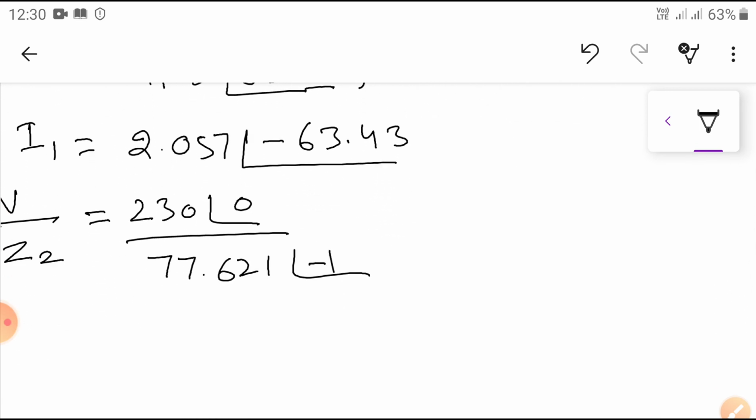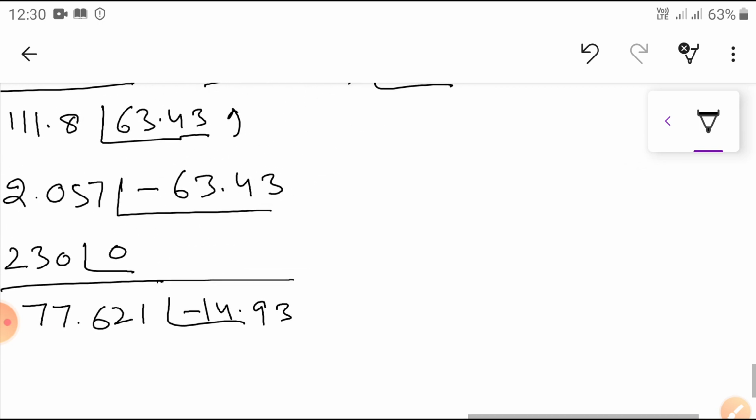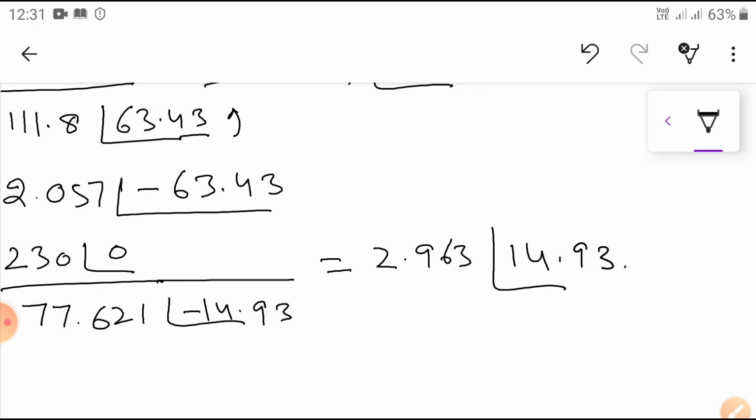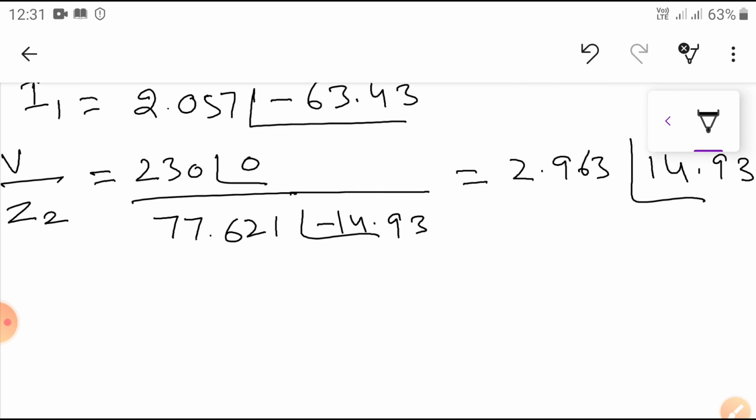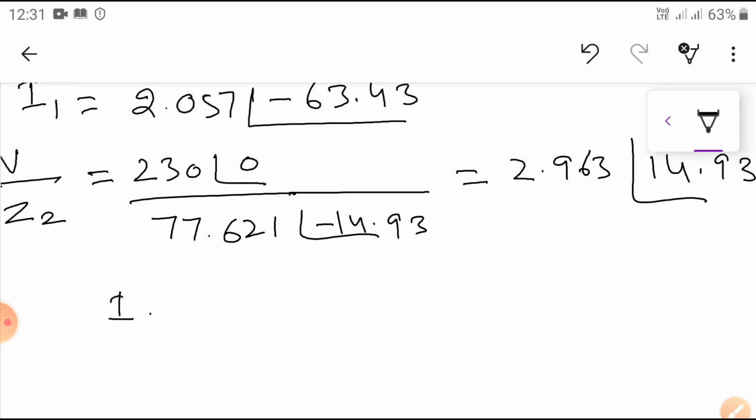Then 230 by 77.621 gives 2.963 amperes at an angle of positive 14.93, leading. So now I2 is equal to 2.963 at an angle of 14.93.